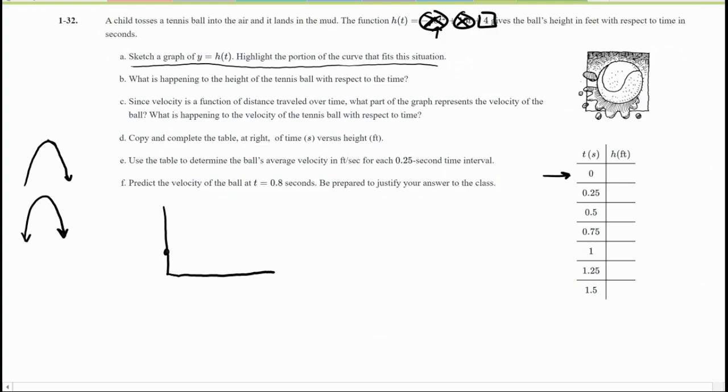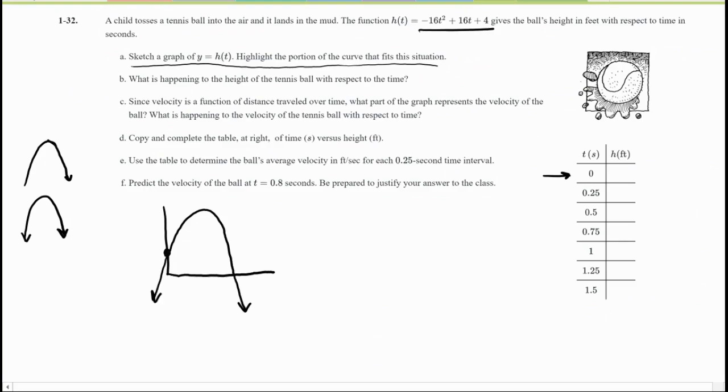Now, I know this is just a sketch, but I'm showing you where it should definitely start. Then we're throwing it, and it gets to the highest point, and then it comes back down and lands in the mud, which is the ground, right? So the equation that I am erasing and showing you again is a parabola that looks like this.